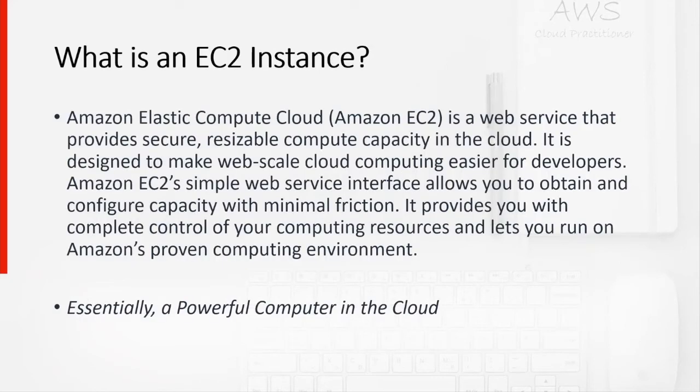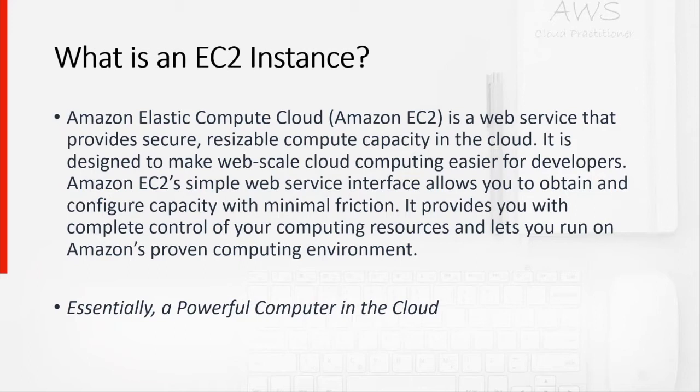All right, so let's look at first, what is an EC2 instance? Amazon Elastic Compute Cloud. Amazon EC2 is a web service that provides secure, resizable compute capacity in the cloud. It is designed to make web-scale cloud computing easier for developers. Amazon EC2's simple web service interface allows you to obtain and configure capacity with minimal friction.